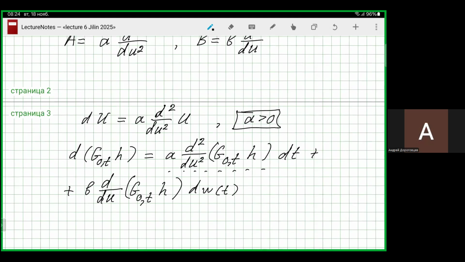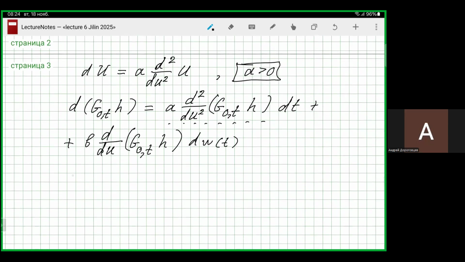But we can check this using the same method as was applied to the heat equation in the deterministic case. Namely, let us use Fourier transform.